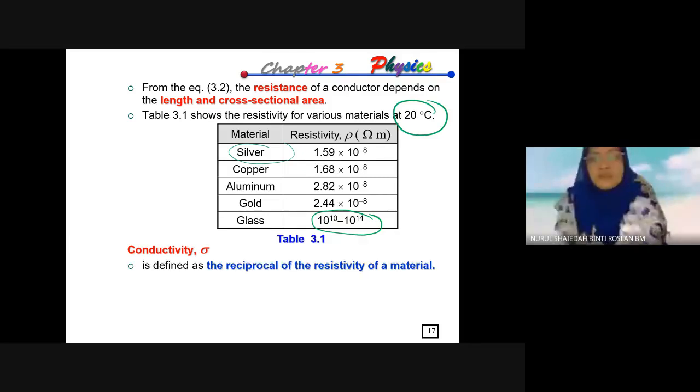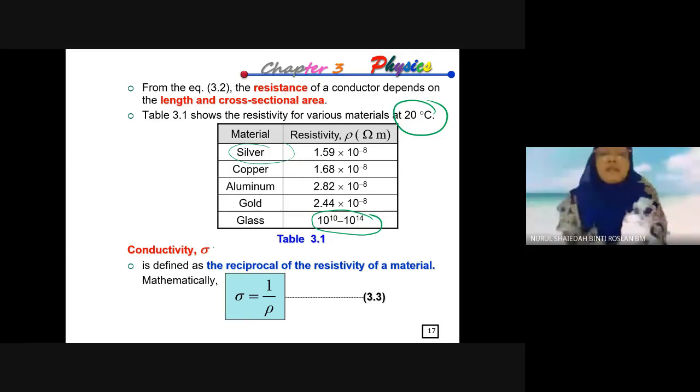Okay, conductivity is defined as reciprocal of resistivity of the material. So sigma equals to 1 over rho. Jarang guna formula ni dan jarang soalan ada pasal ni lah. Tapi you just perlu tahu yang ini adalah conductivity.